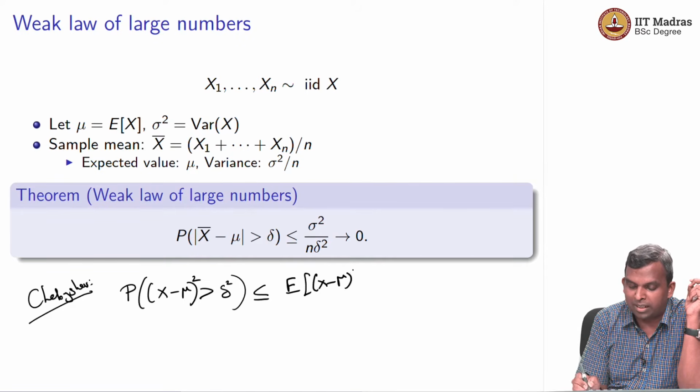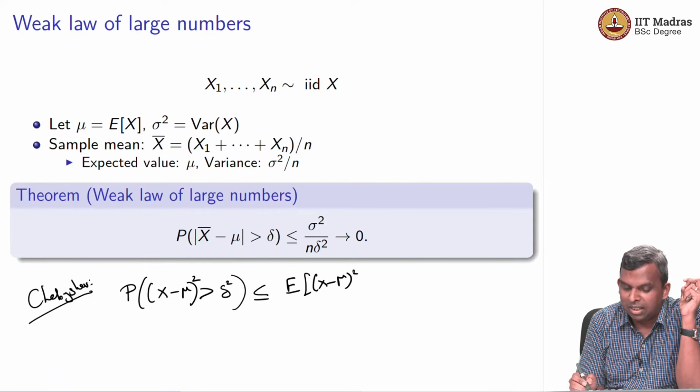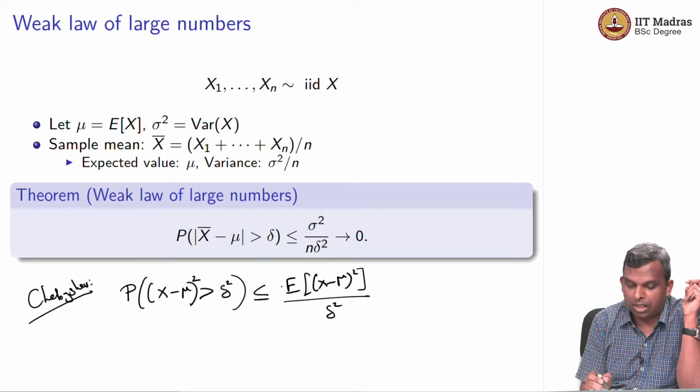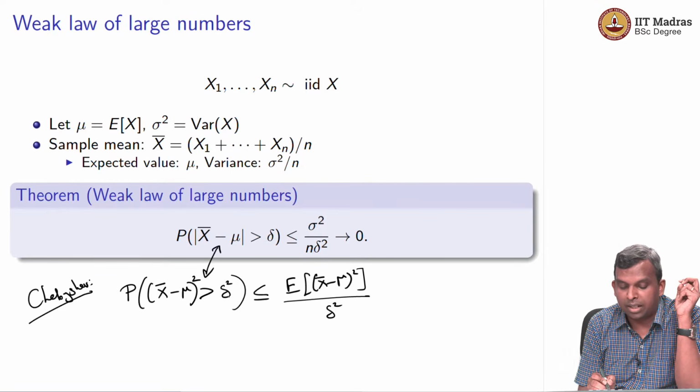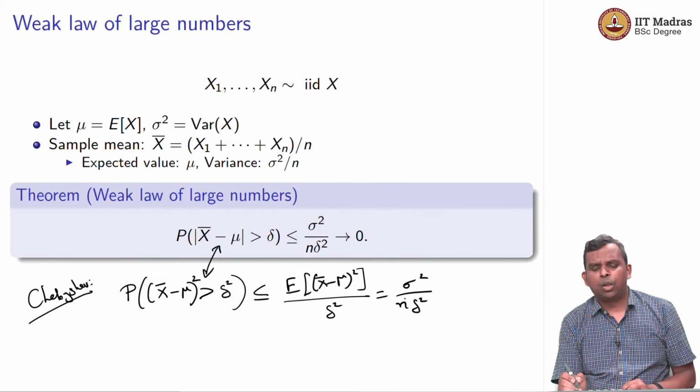This is actually Markov; Markov and Chebyshev are all sort of similar. So these two events are equivalent: |X bar minus mu| greater than delta, and (X bar minus mu) whole squared greater than delta squared. Now you just use Markov's inequality. A positive random variable greater than delta squared has probability less than its expected value divided by delta squared, and that is nothing but sigma squared by n delta squared. Very easy application, and you get a bound.